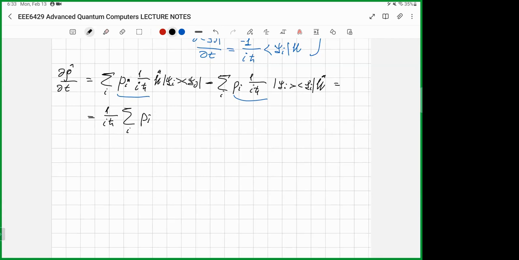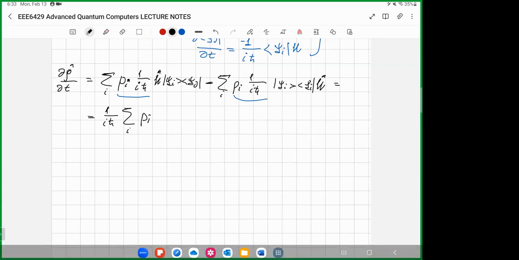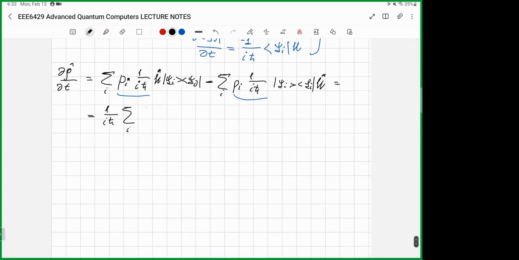Let's now exchange this position of pi and H, because pi is just a constant, so I can exchange the position. So it will be the Hamiltonian, then pi, and this psi i, and then minus. And here I leave it like this: pi, psi i, Hamiltonian.